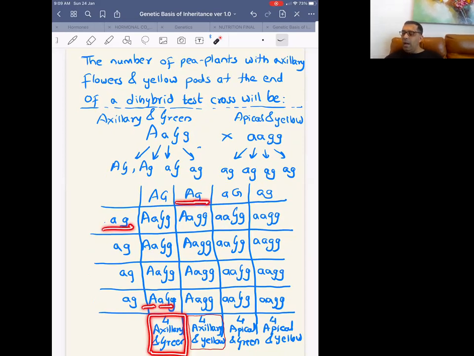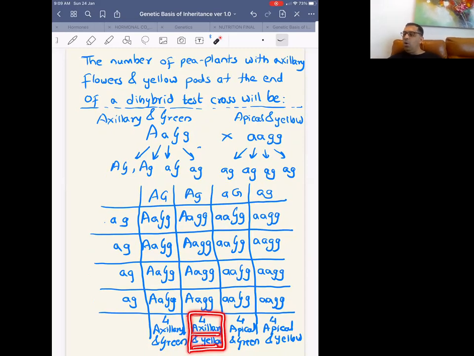So that will become capital A small a, small g small g, four times. And these four will become axillary and yellow.